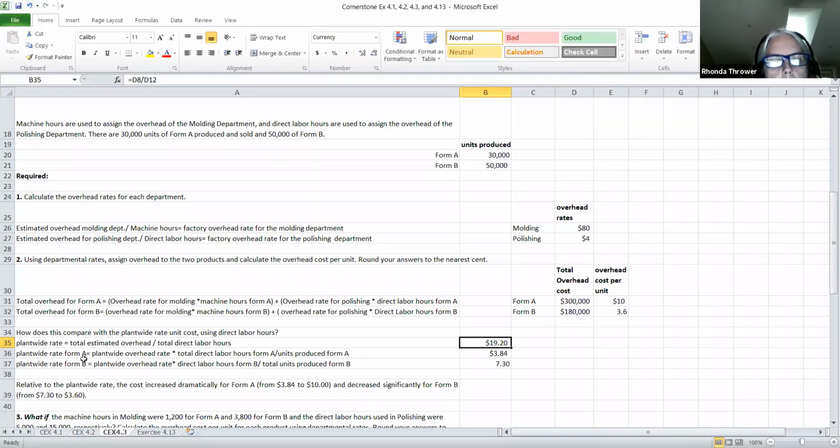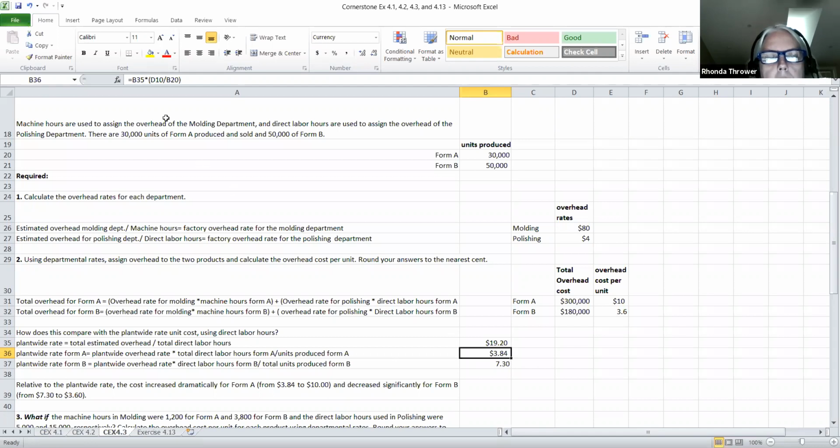The plant-wide rate for Form A would be the plant-wide overhead rate times the total direct labor hours of Form A divided by the units produced for Form A. So the plant-wide overhead rate was $19.20.